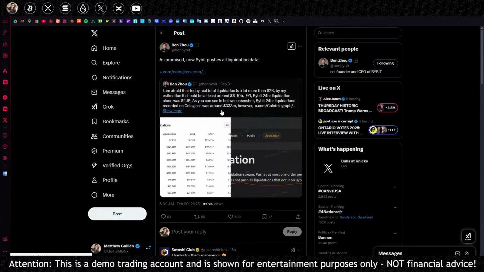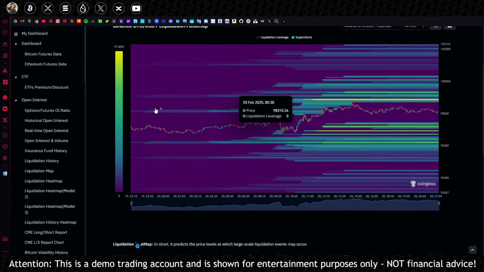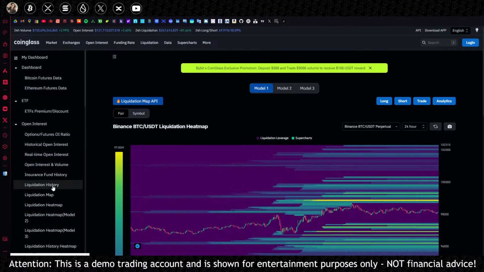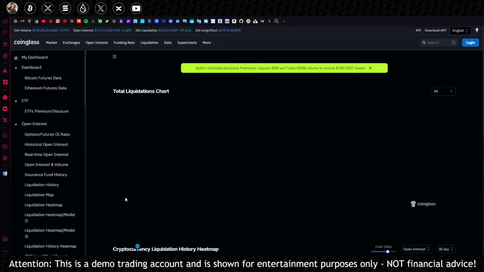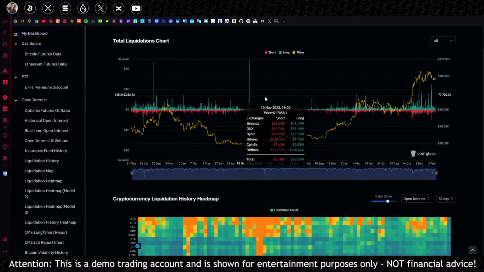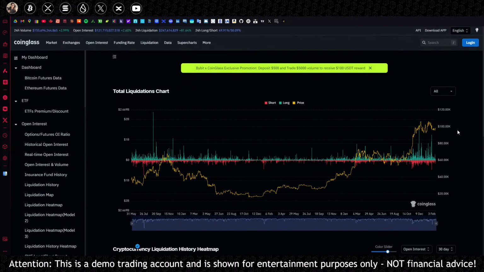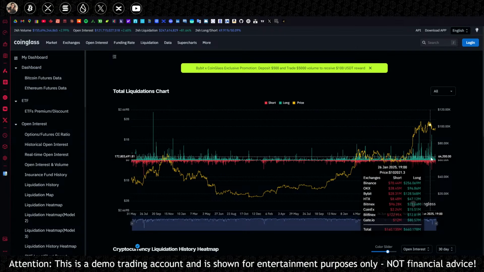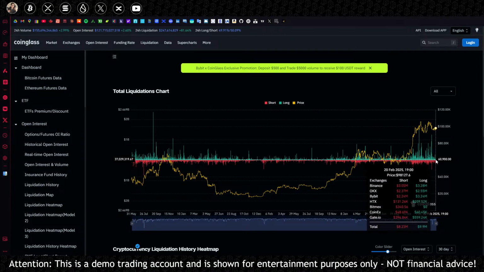So that other websites like CoinGlass or whatever would have more accurate data on the amount of liquidations that are going on. So there it is. You see the exchanges. You got Binance, OKX, Bybit, HTX, BitMEX, CoinEx, Bitfinex, Gate.io, etc. It tells you how many shorts and longs get liquidated.